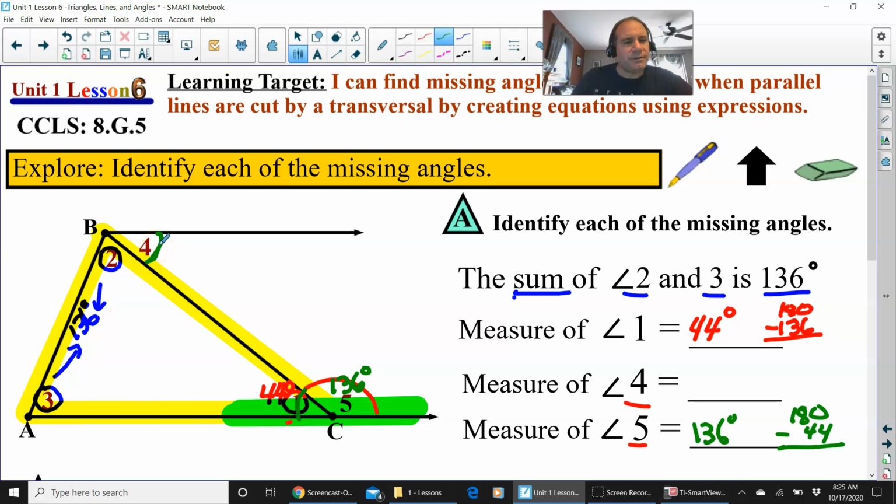So how can I get the measure of angle 4? I'm going to do something, and I'm going to extend this out a little bit. Take a look. What are these right here? If you said parallel lines, you're correct. I'm going to extend this out.